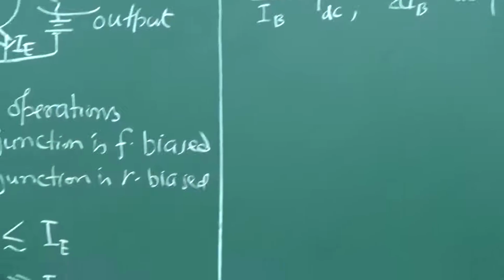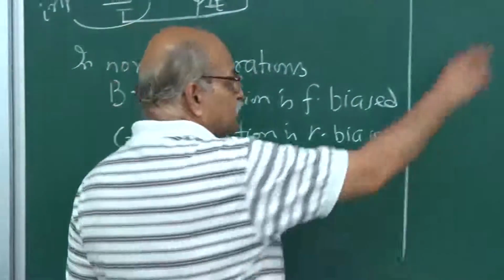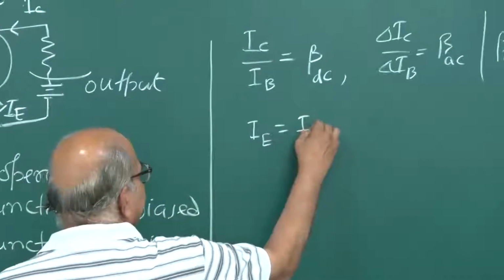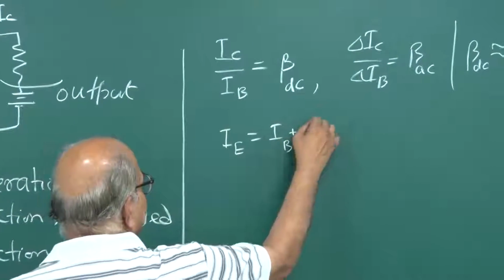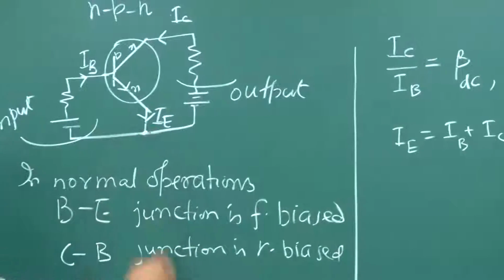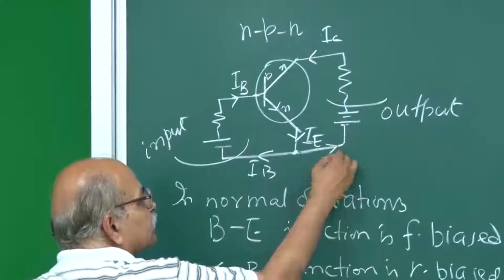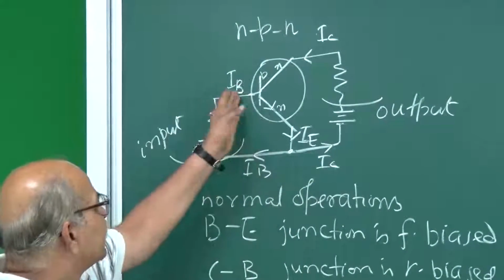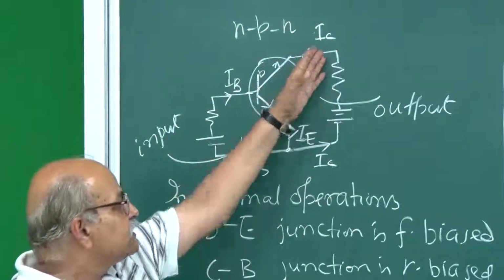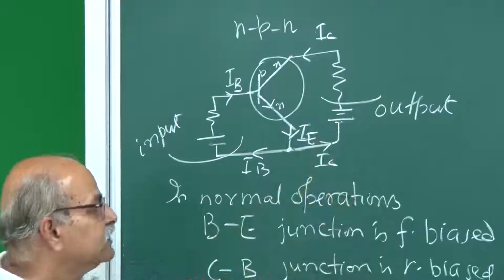You can also take the ratio of this IC and IE in terms of beta. You know, this IE is IB plus IC, right. From here you can see, Kirchhoff law you can apply here. You have IB going this way and then IC going this way. All the current that IB is here, it has to come from this wire only, and all the current that IC is here must come from this wire only, and so you have this relation.